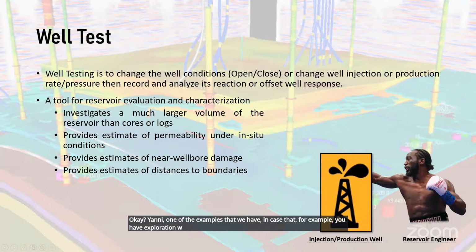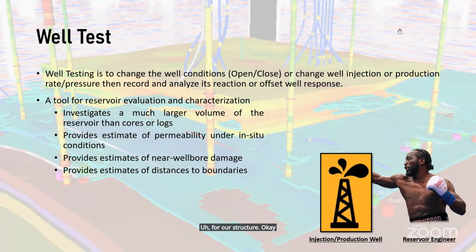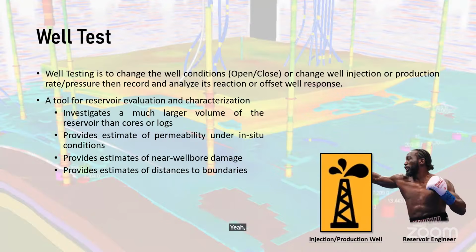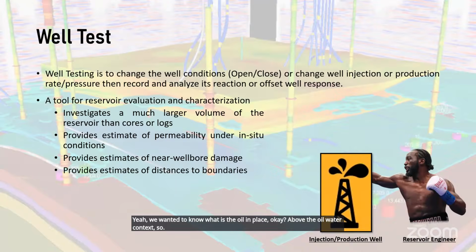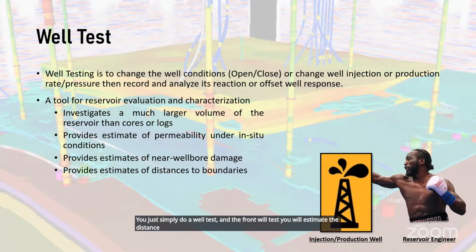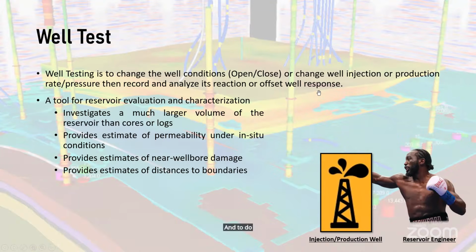Usually we drill the exploration well at the highest depth of our structure, so we don't expect to have an oil water contact there. However, we want to know the oil in place above the oil water contact. So you simply do a well test, and from the well test you estimate the distance to the oil water contact.